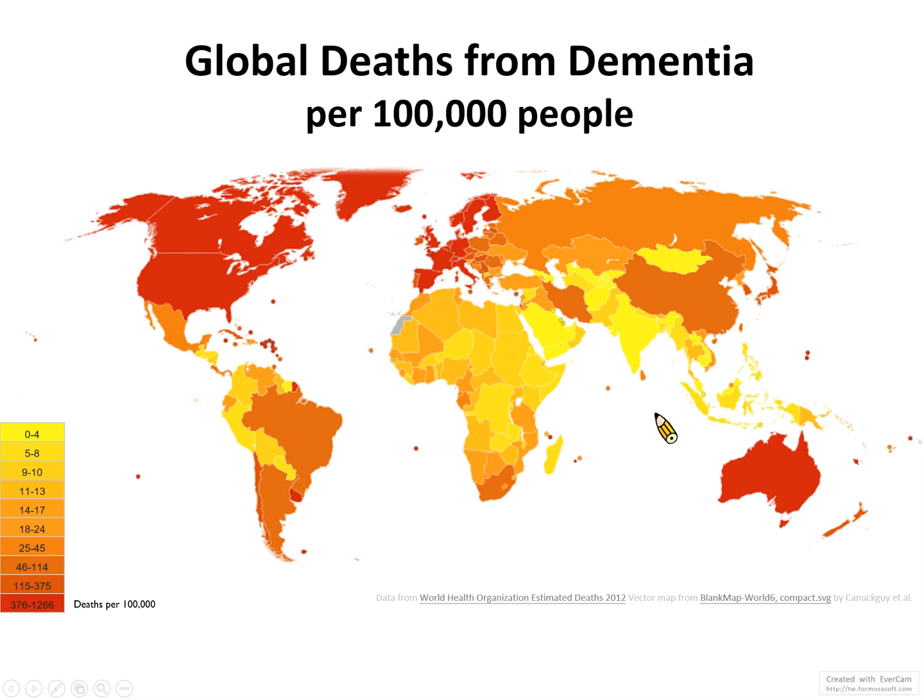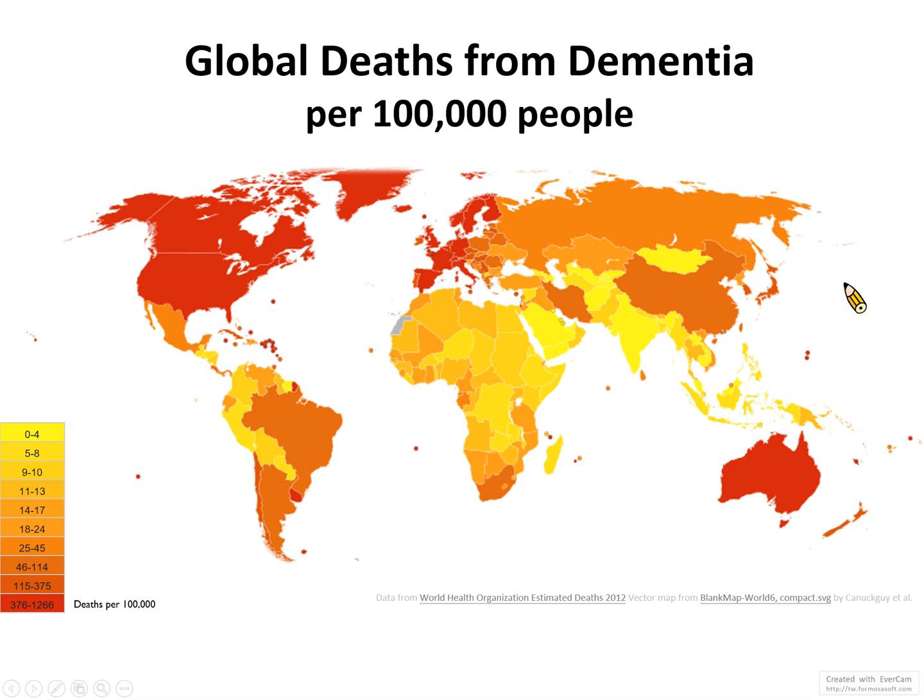It is estimated that global death from dementia per 100,000 people is quite significant in North America, in Europe, and in parts of East Asia. So that is a very important issue.